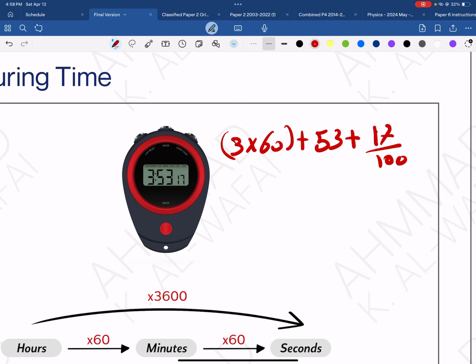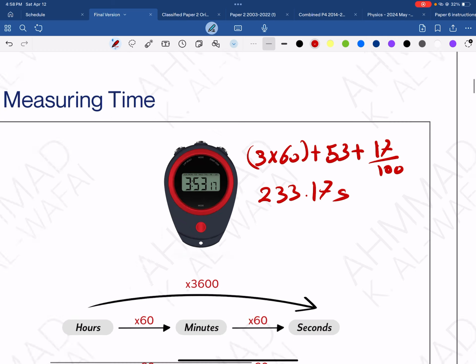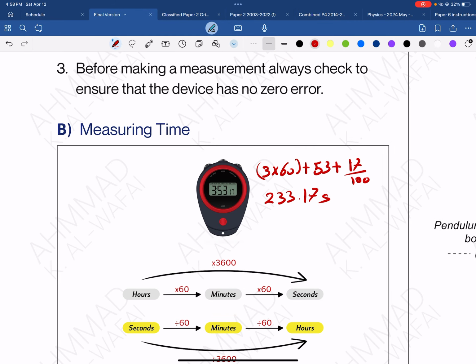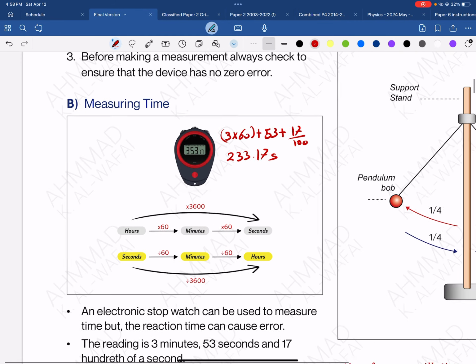So 3 times 60 is 180, plus 53, plus 0.17. This will give you about 233.17 seconds. That's for converting time in general. You're going to be using this in speed, motion, and all of that.